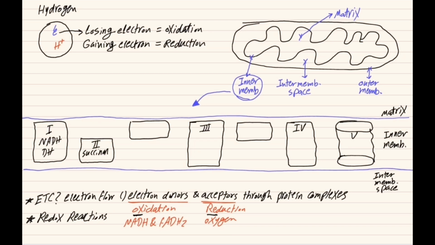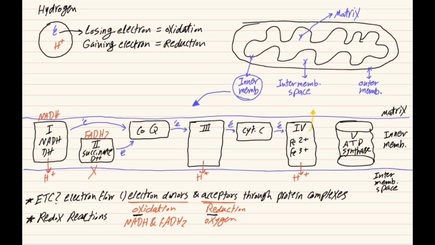Now we have 5 protein complexes embedded into the inner membrane. And there are 2 ways to enter the electron transport chain, either through complex 1 or complex 2. Here, complex 1 takes the hydrogen from NADH, so the other name of complex 1 is NADH dehydrogenase.